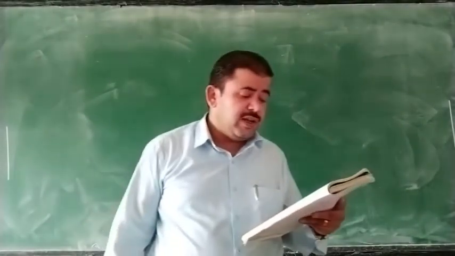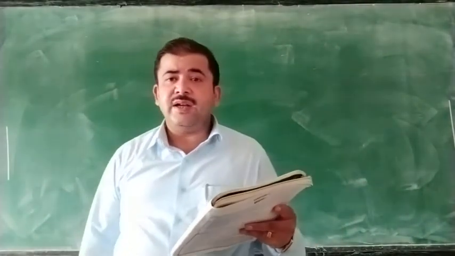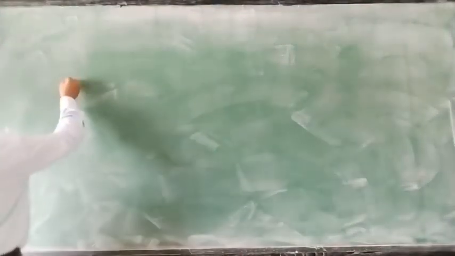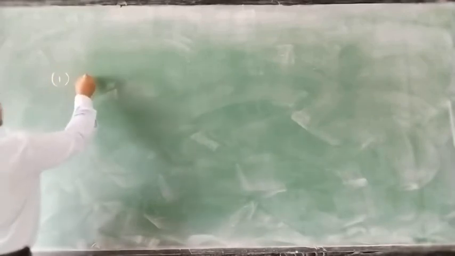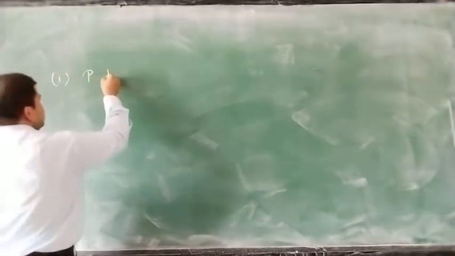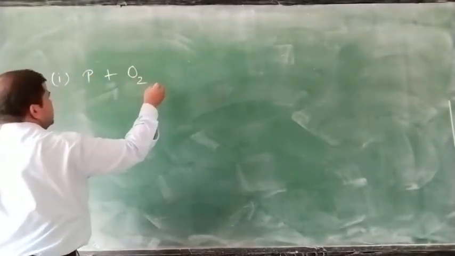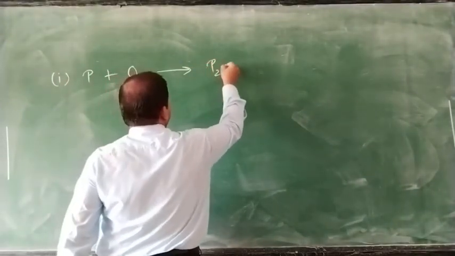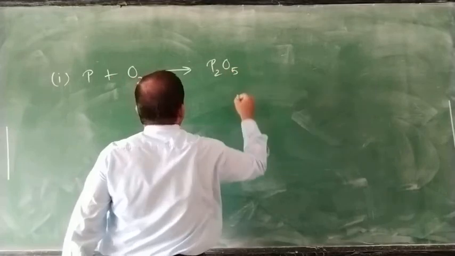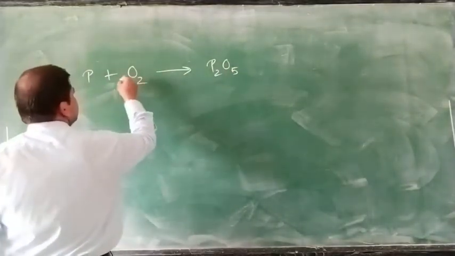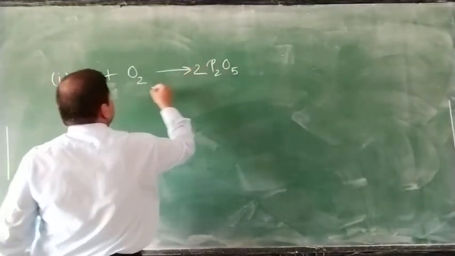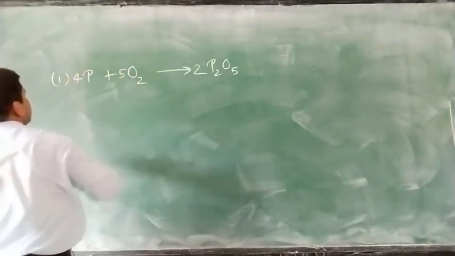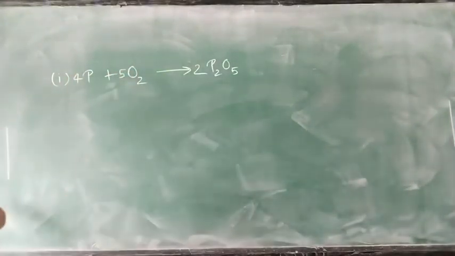A direct combination reaction between phosphorus and a neutral gas. So phosphorus, this is the first part. Phosphorus and neutral gas oxygen. We will get phosphorus pentoxide.